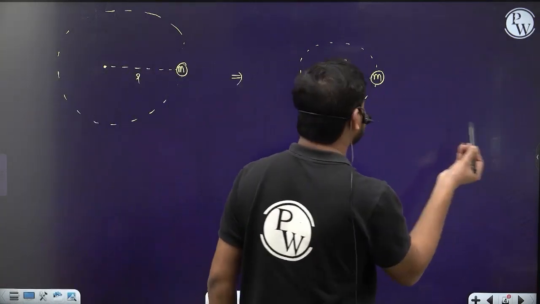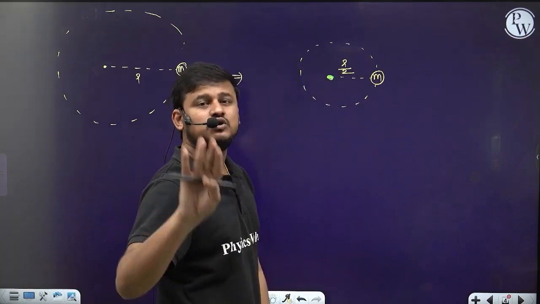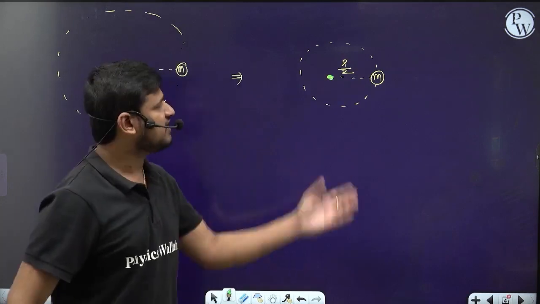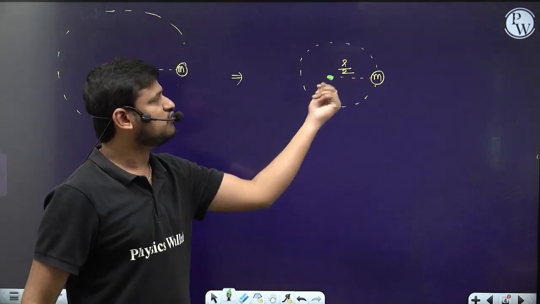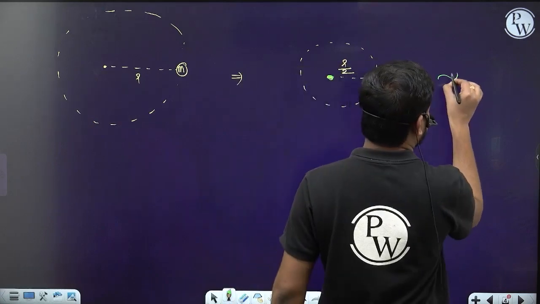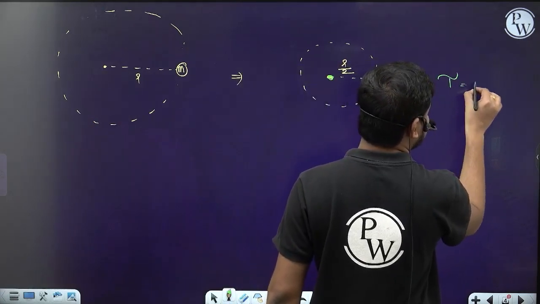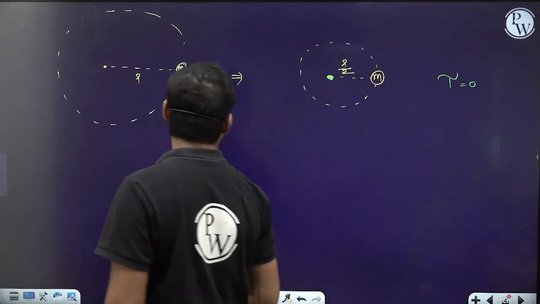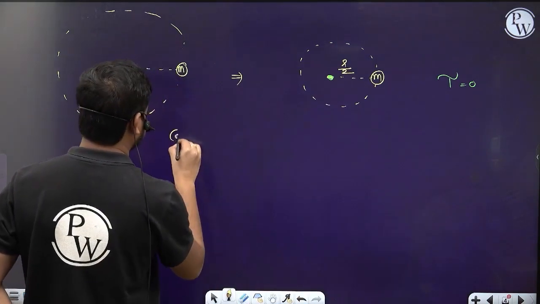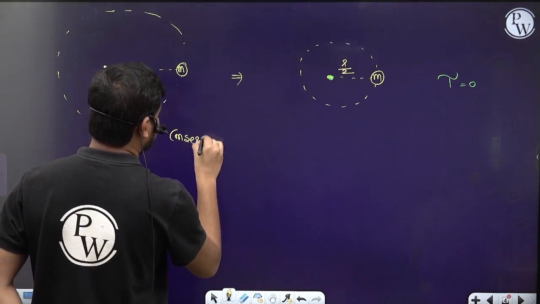The force is there, but the torque due to that force will be 0 because the force is passing through the axis. Wherever you are finding the torque, the force is passing through that axis. That's why the net external torque is equal to 0, so I can apply the conservation of angular momentum here.